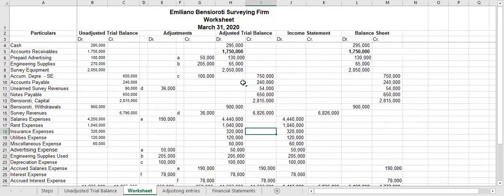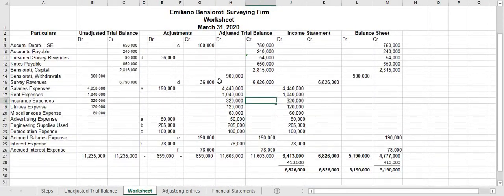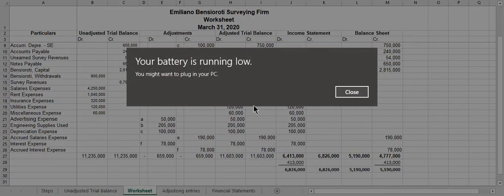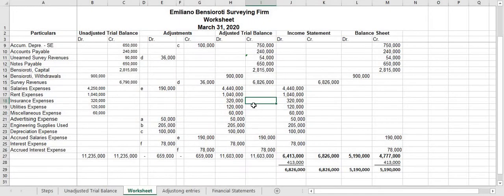You check if the debits and credits in your unadjusted trial balance and in your adjustments are equal, and in your adjusted trial balance, whether debit and credit are equal. If they are equal, it means you transferred the amounts correctly.